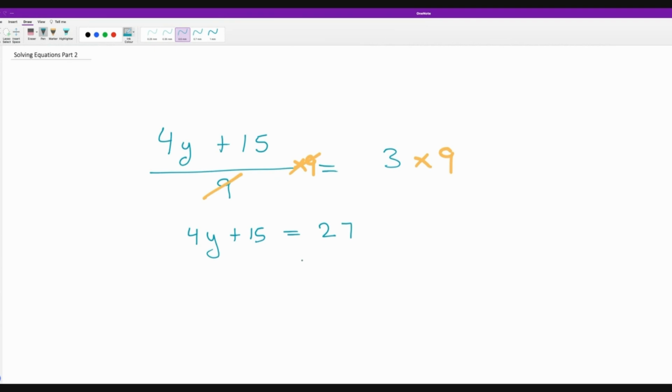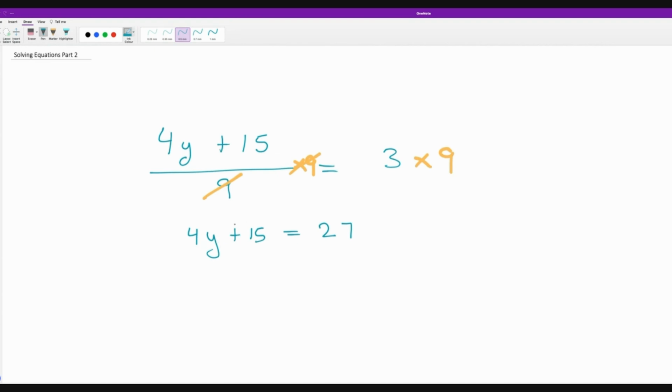From here, again, the goal is to isolate this y. What is the easiest thing we can move straight away? We can't really move this 4 because this is 4 multiplied by y. And in order to move this 4, I'll need to divide everything by 4 on this left-hand side, making it a little bit more tricky to work with.